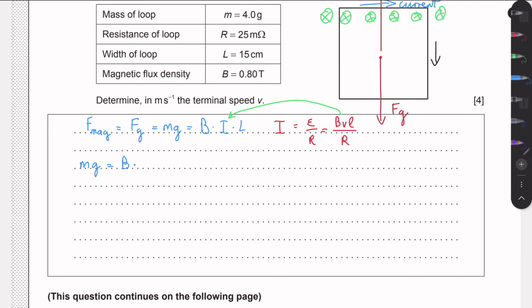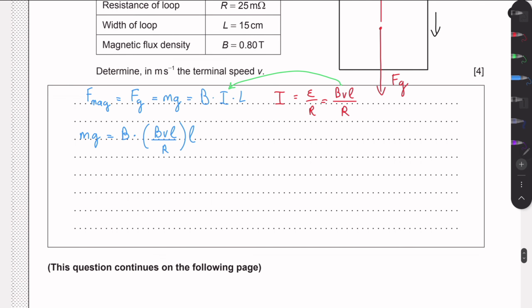So B times BvL over R times the length, like this. And then we just have to rearrange this for the speed. So if we do that, we multiply over with the resistance and divide by BL squared. And then we just plug all of this in.